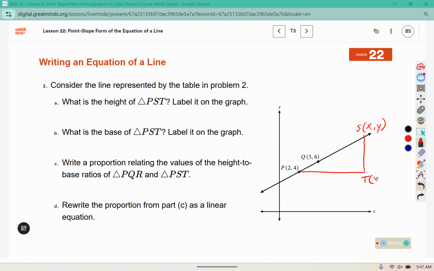I don't know what the x value is, but I do know it's the same height here, so it has a 4 in the y position. So it says, what is the height of this triangle? And label it on the graph. Well, the height would be the difference between this y value and the 4.